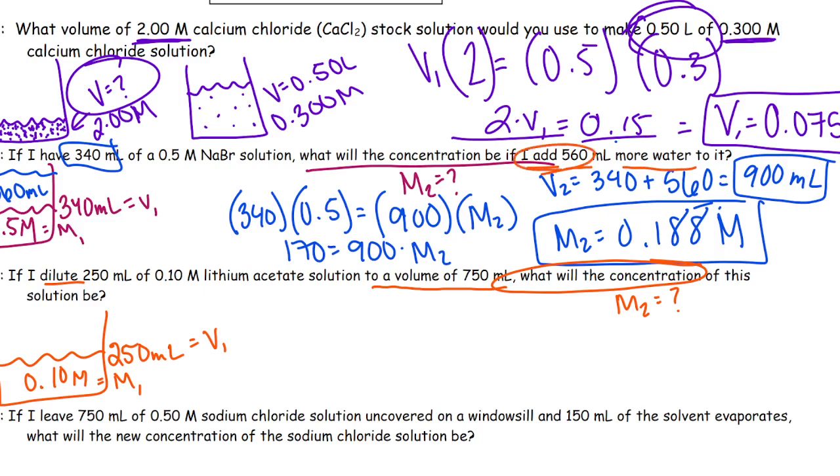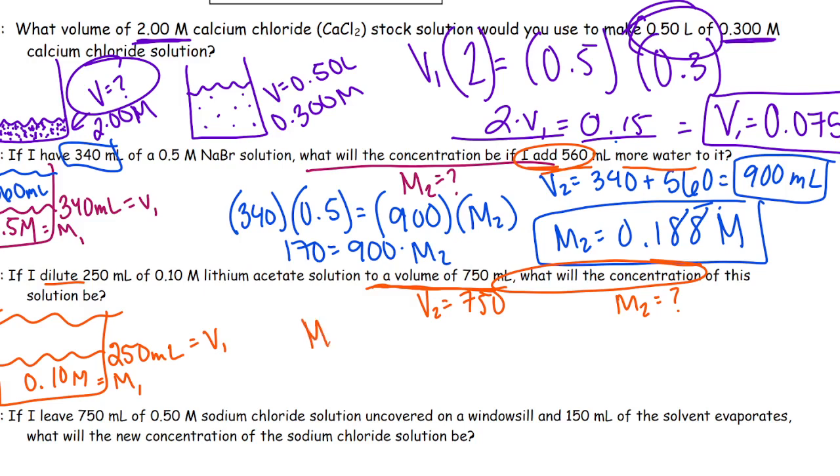That specifically told me that that is being added. So that's the part that told me that. This one says dilute it to a volume of 750. That does tell me that my final volume, this tells me that my V2 is equal to 750. So that means that your final mark would be 750 milliliters. You see the difference in the way that it's worded?